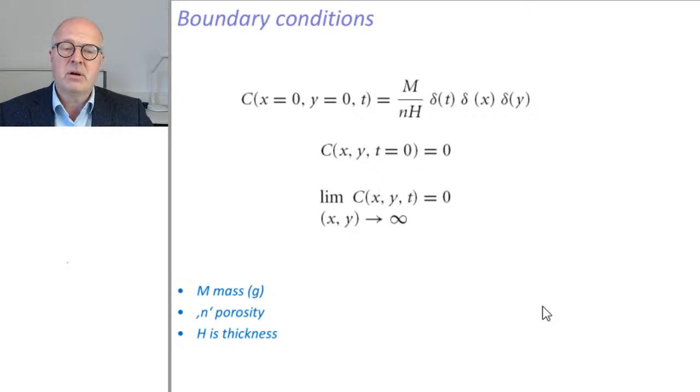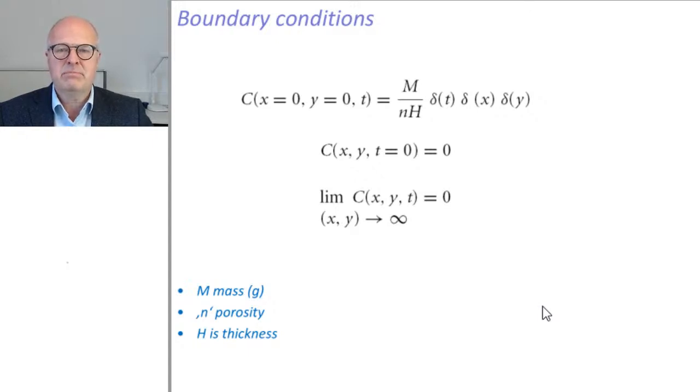We need to define some boundary conditions, so we assume basically that there is no tracer before the experiment. C at starting point is 0 for x and y and time 0. And we define the injection, the Dirac pulse. So we say that we have a certain mass divided by porosity over thickness of the aquifer.